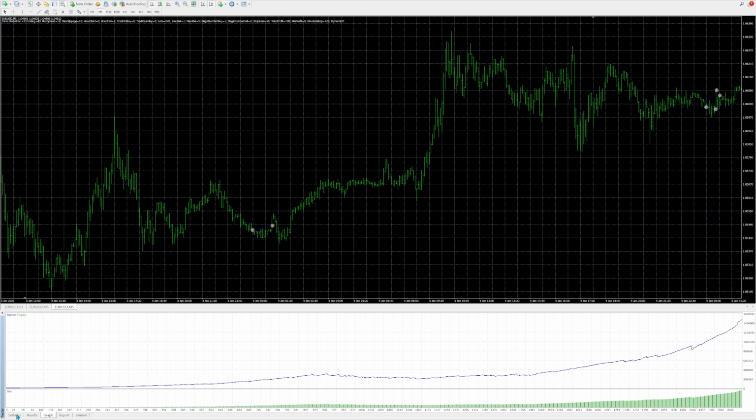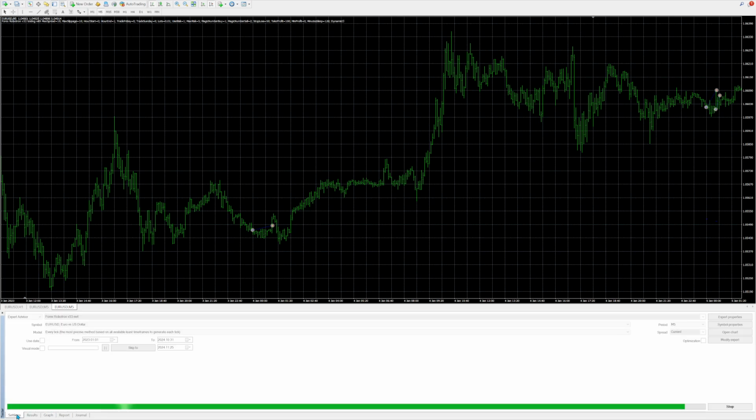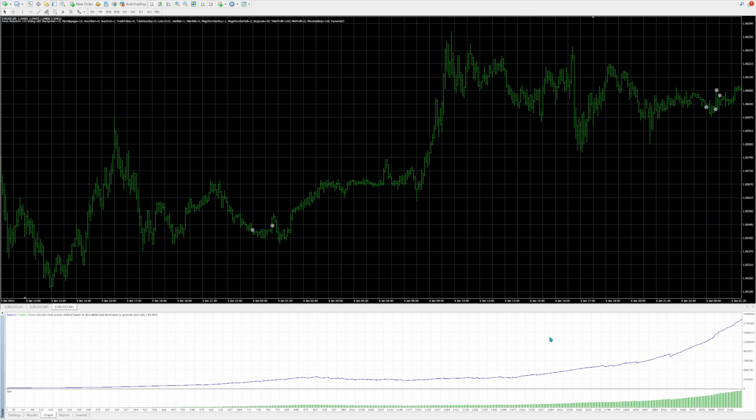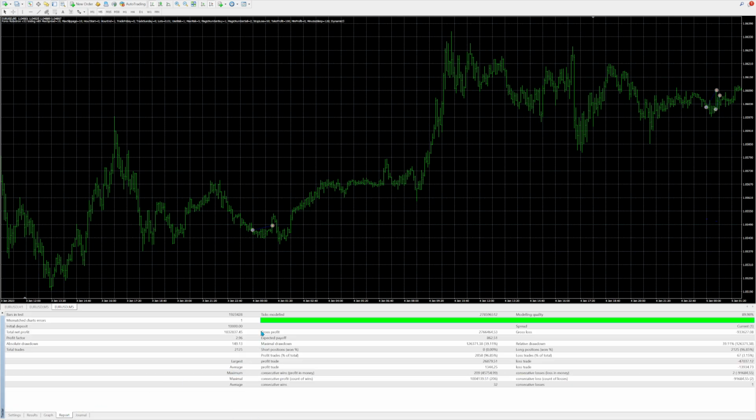Actually one of the best performing pairs using this EA, I think primarily because the euro dollar tends to have some of the lowest spreads. And yeah, you can see there all the way up till this month, a real nice upwards curve.